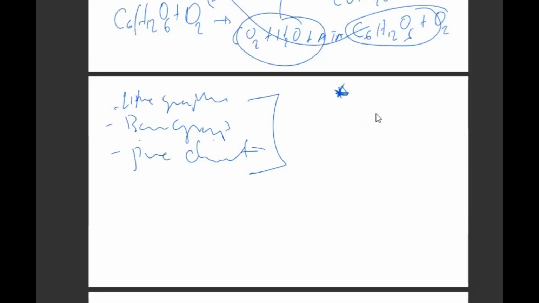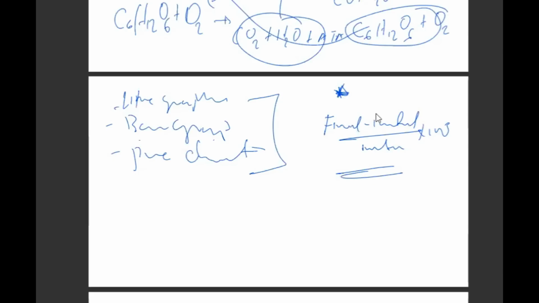Guys, when they ask you percentage increase, it is final minus initial over initial, times 100. Then it's going to give you percentage increase or percentage decrease. Is it clear?